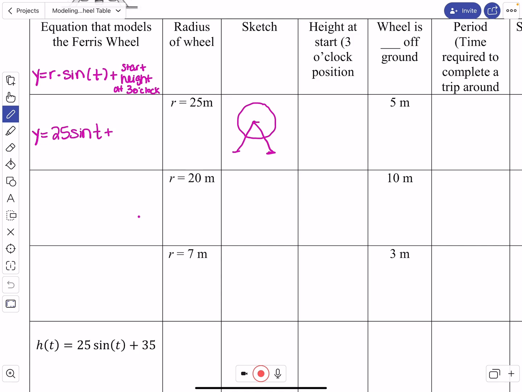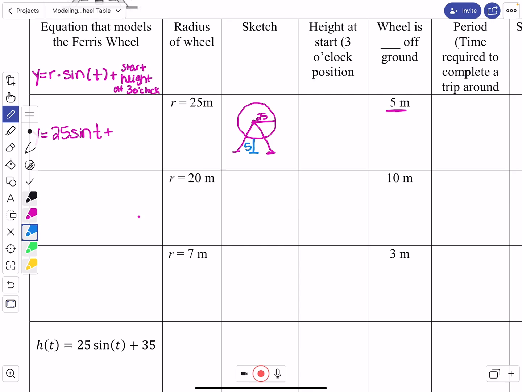So your radius from here out to the center, this particular Ferris wheel has a radius of 25, okay? Now, it also tells us that our wheel, if we look right here, our wheel is 5 meters off the ground. So from here to here, here's the ground. This is 5 meters off the ground.